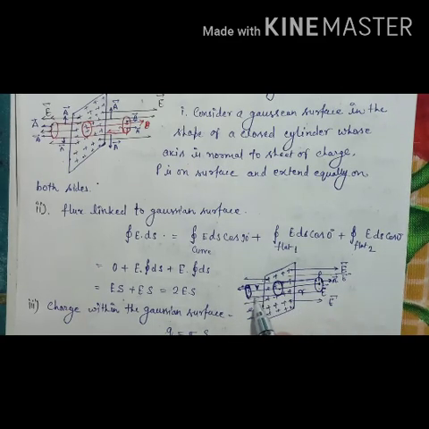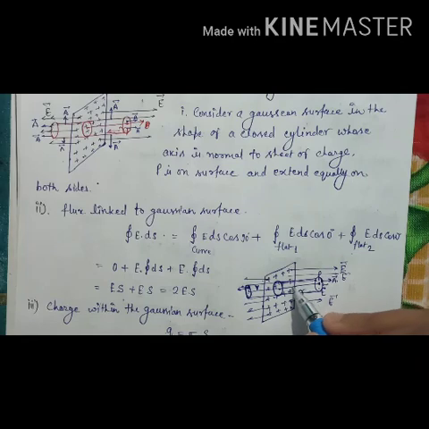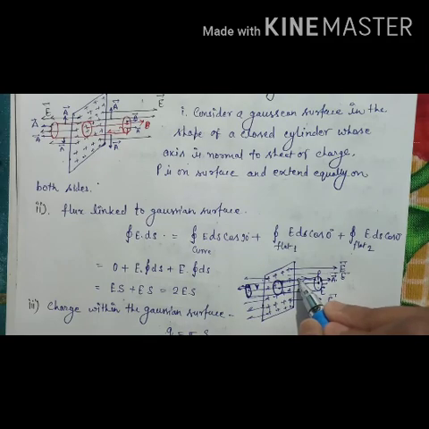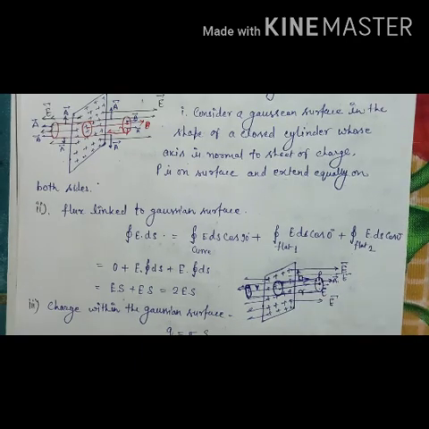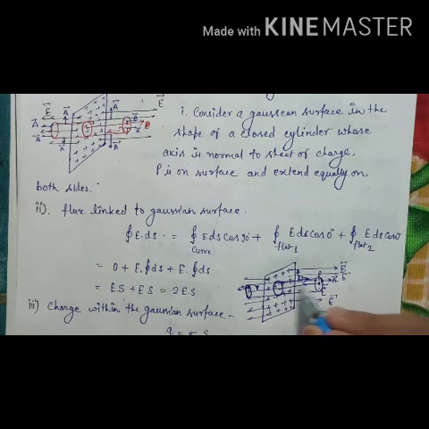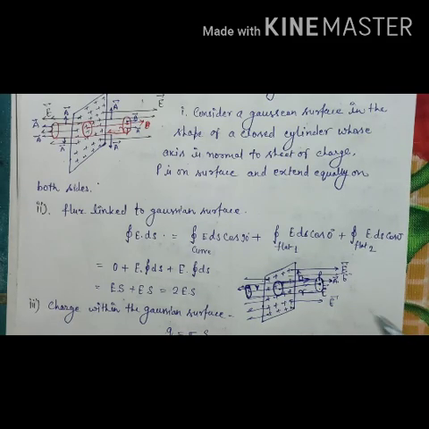This is the curved surface. For this curved surface, the electric field is in this direction, so the area vector is in this direction, so the angle between electric field and area vector is 90 degrees for a curved surface. Then we use this type of Gaussian surface.